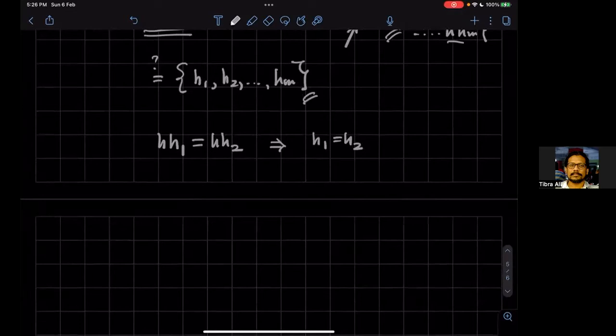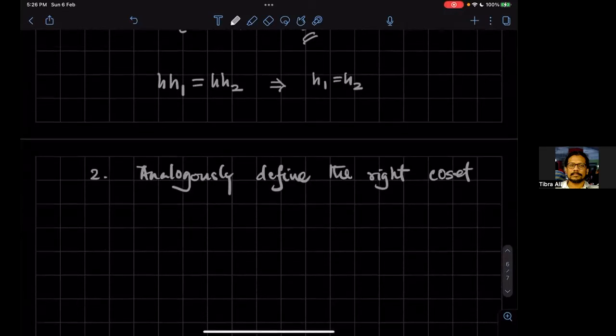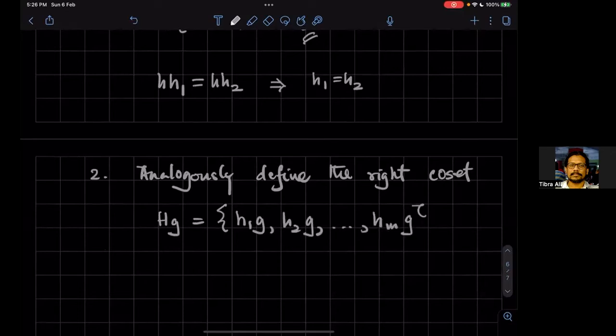Number 2 is that you can analogously define the right coset as Hg: H1g, H2g, ... Hmg.